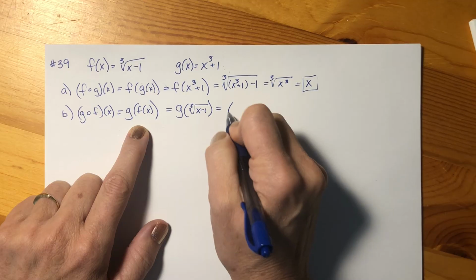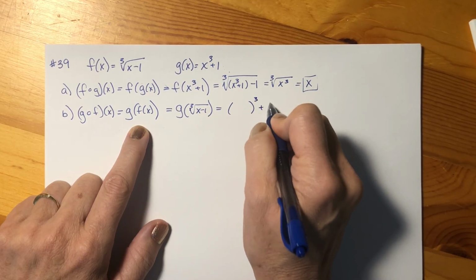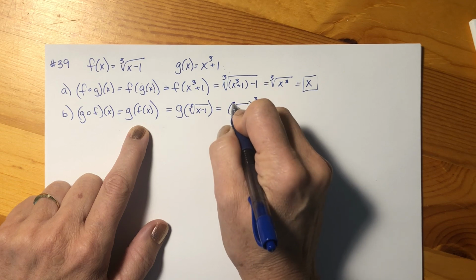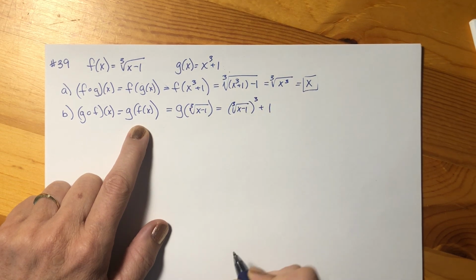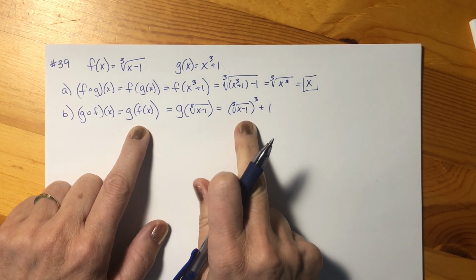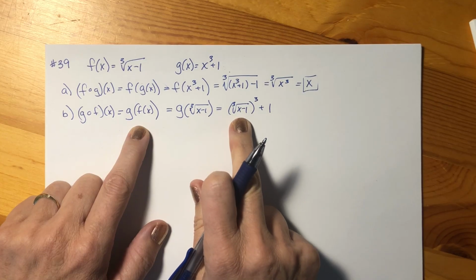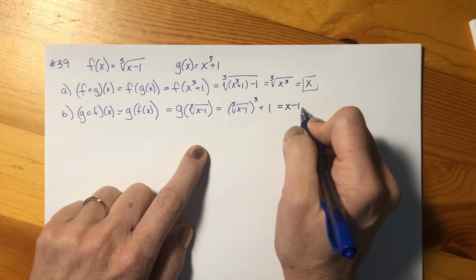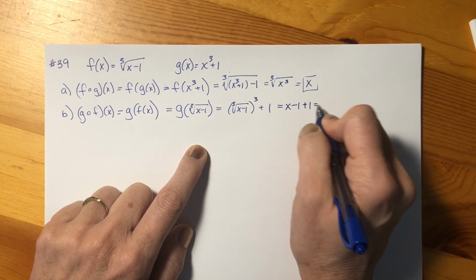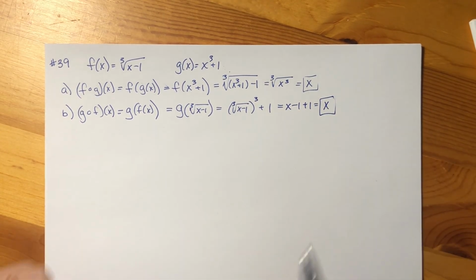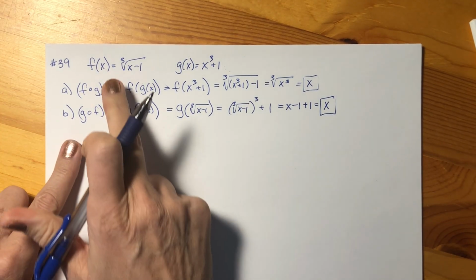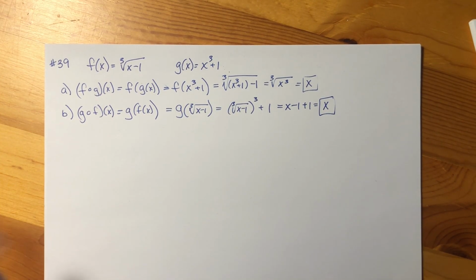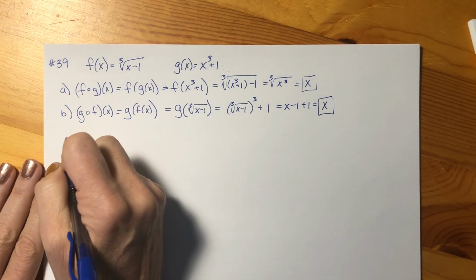So that would be my cube, plus 1. That's the g function. Now in the place of the x, I'm going to put in the cube root of x minus 1. Oh, that's nice, isn't it? Look at that. If I take that and I cube it, I get x minus 1, and then, of course, plus 1, which is just plain old x. One would say that f of x and g of x undo each other. We'll call those inverses tomorrow. We'll formally call them inverses.